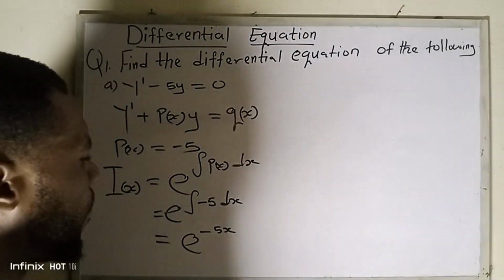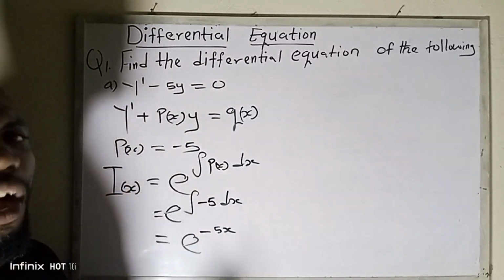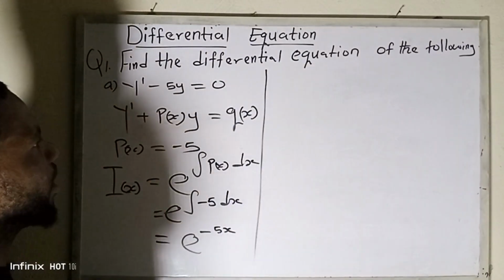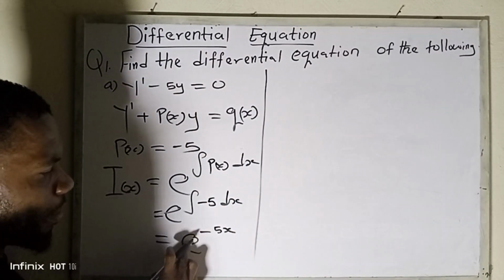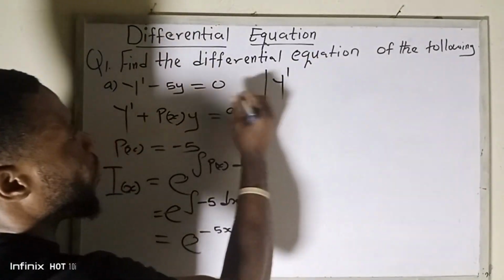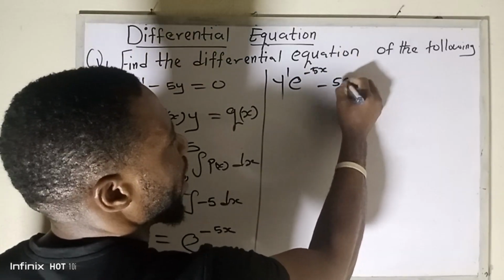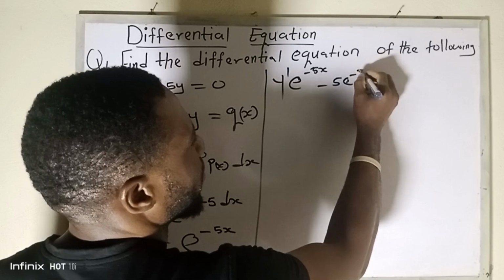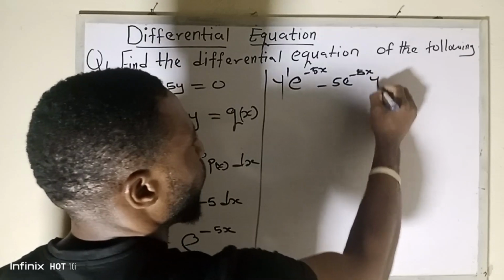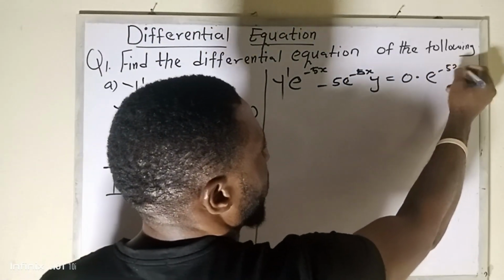At this point now, we will use our integrating factor to multiply all through our linear equation, our original equation given to us. So we have exponential minus 5x multiplied by y prime minus 5y, which is equal to 0 multiplied by exponential minus 5x.